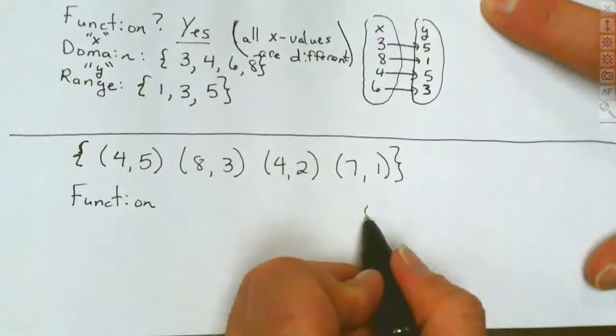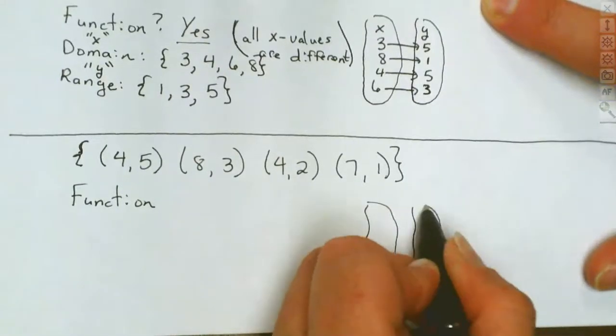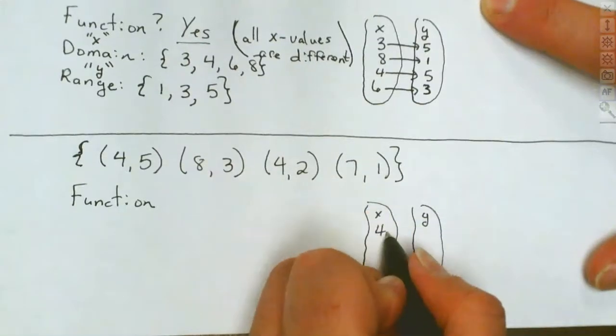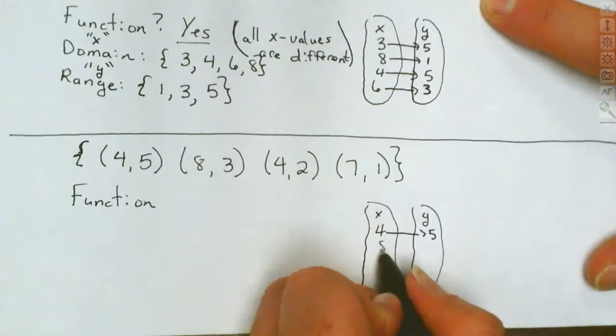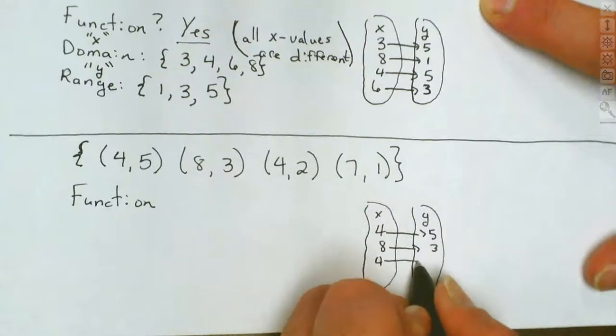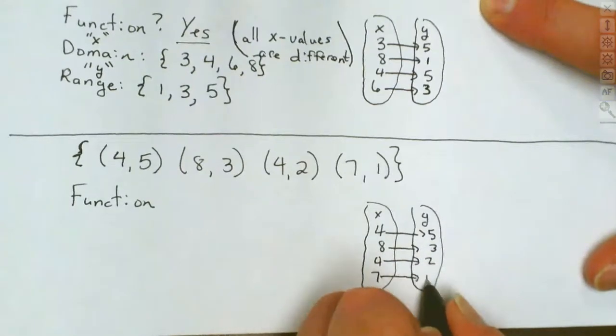I always like to make my mapping so we can visually see what's happening. X and Y here. 4 maps to 5. 8 maps to 3. 4 maps to 2. And 7 maps to 1.